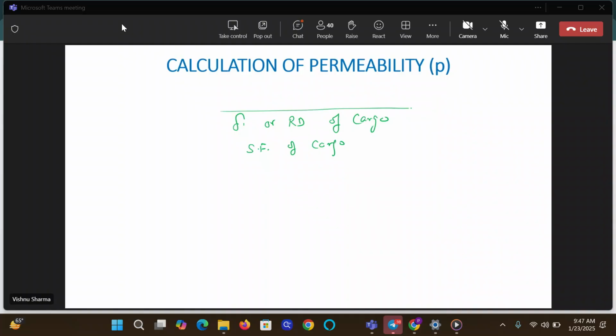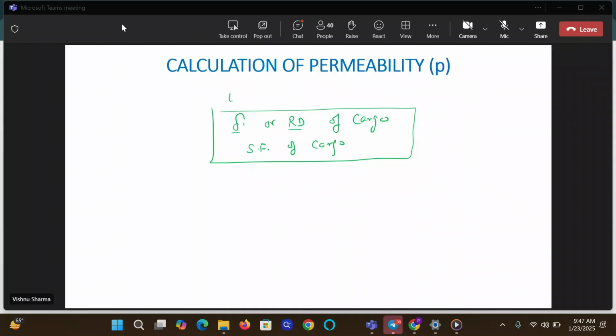Now, if this information is given in the question and permeability is not given, then first you will have to carry out one more step before you start solving the bilging. You'll have to calculate permeability. Okay. Now, guys, is there a difference in the value of density and RD?